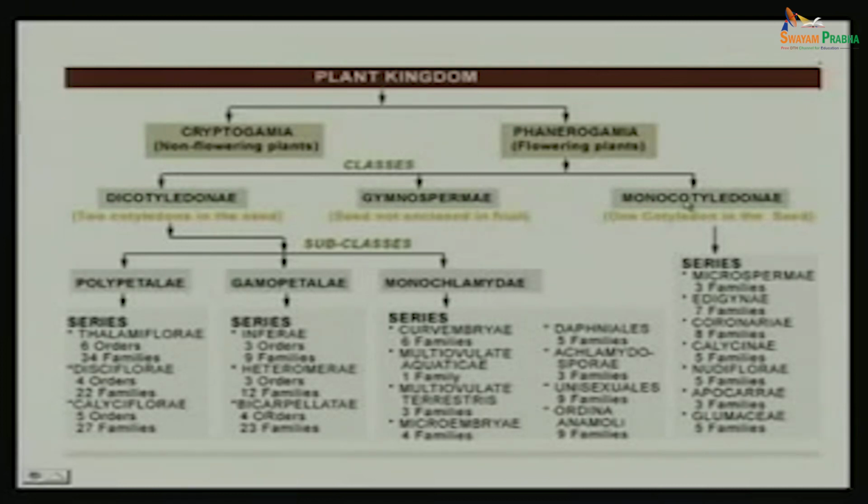Whereas in case of dicotyledons, two cotyledons are coming, that means a pair of cotyledons are coming, and depending upon its arrangement, it is further divided into polypetalae, gamopetalae and monochlamydeae. Now, these are the subclasses of this particular flowering plant. The group of plant which do not contain any seed coat are coming under the group called gymnosperms.